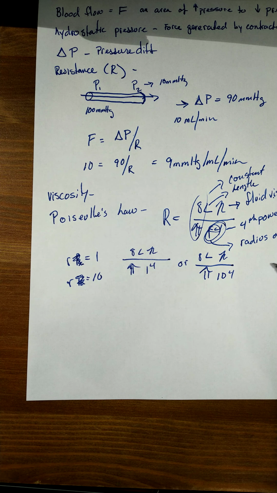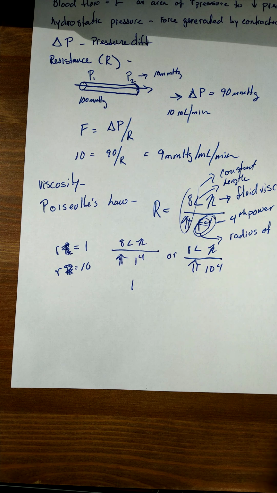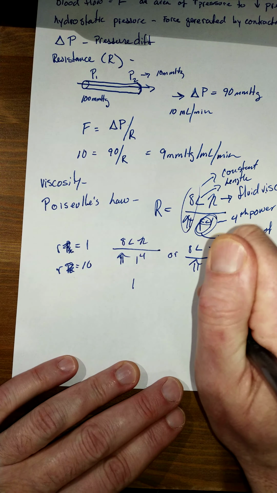This is going to be 1 at the bottom, or on our other one, we are looking at 10 times 10 times 10 times 10, which is going to, oops, did a little math here, it's going to give us 10,000 on this side.